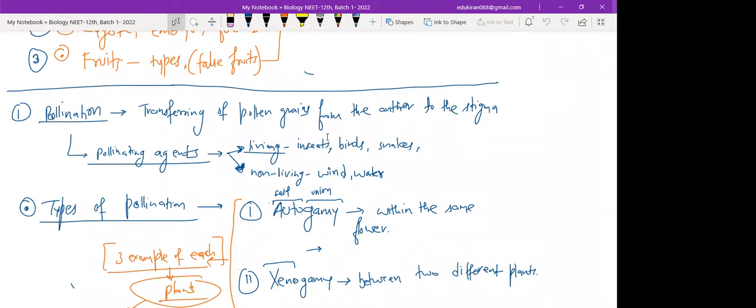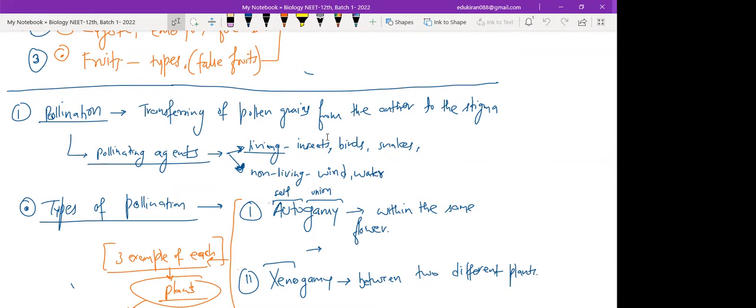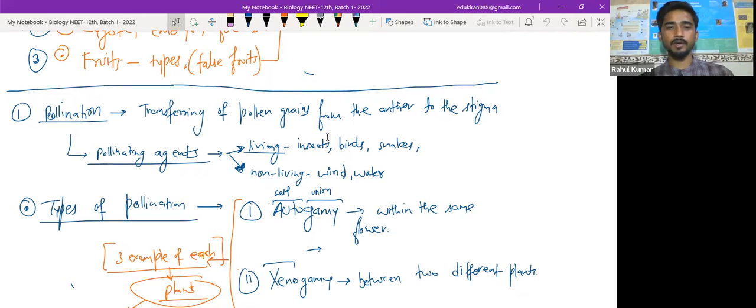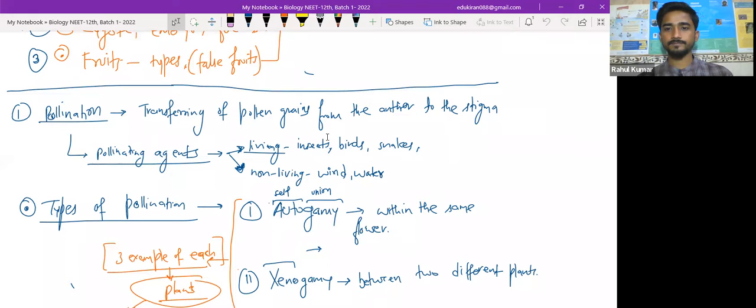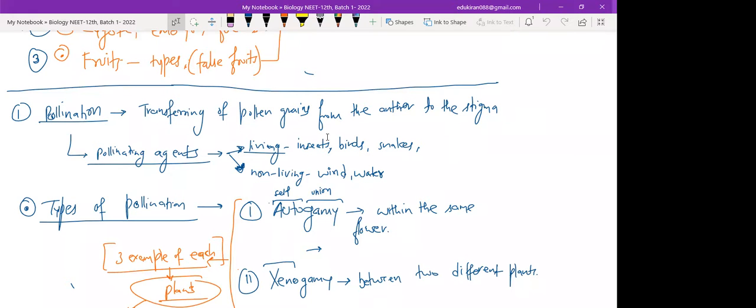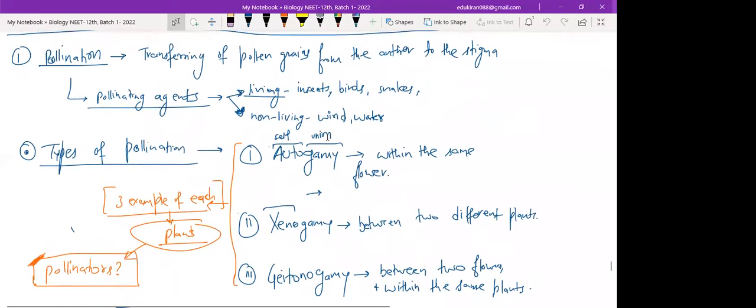Remember, I told you: pollination, formation of zygote, and formation of fruits and seeds. Then we studied that living and non-living things help pollen grains to be transferred from the anther to the stigma for fertilization.